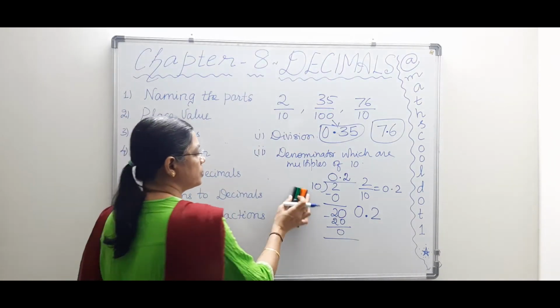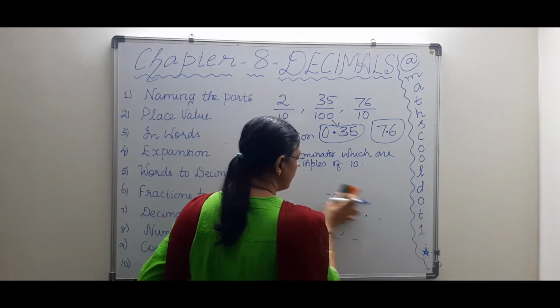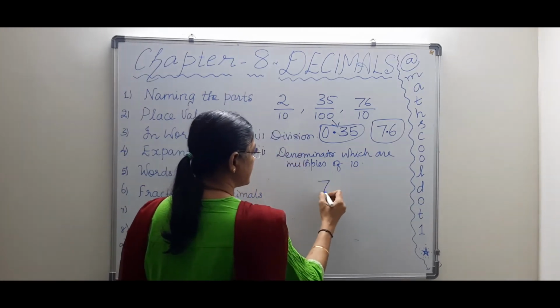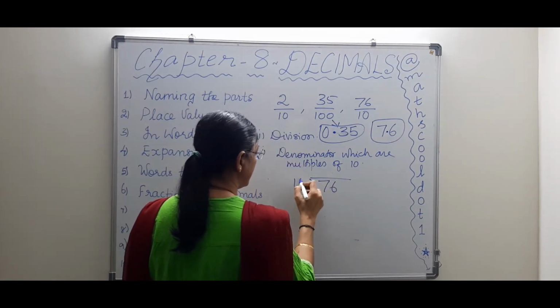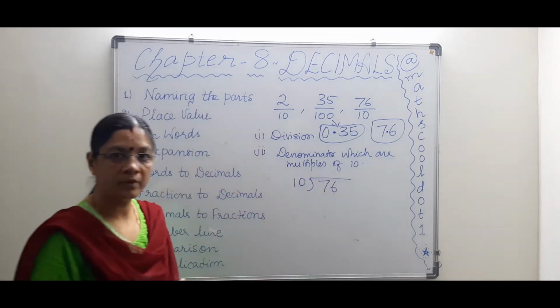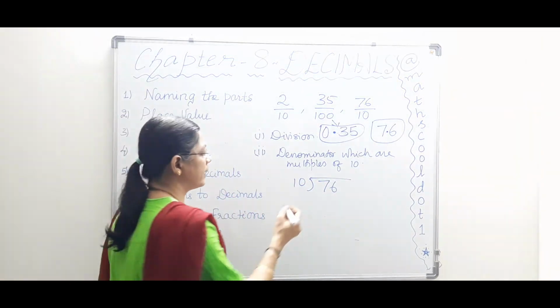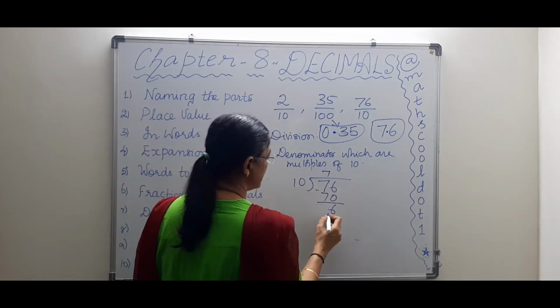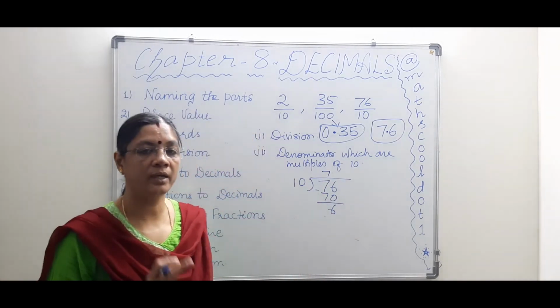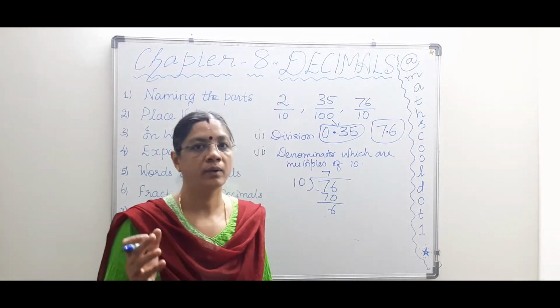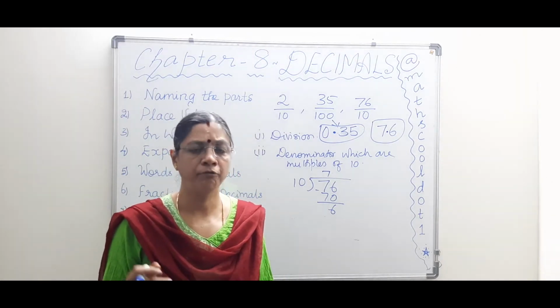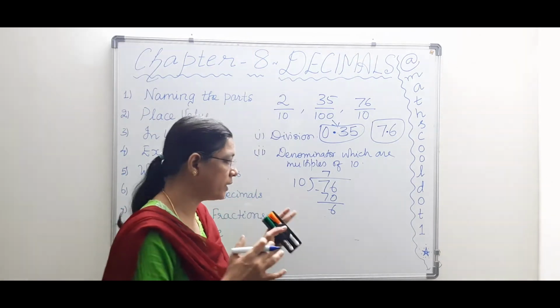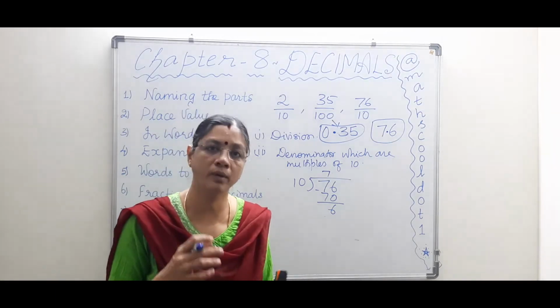Okay, I'll show you. Even if you divide, you will get the same answer. See, 76 divided by 10. Now this 76 is obviously greater than 10, so you can divide 7 times. But see that the remainder, until you get 0 as a remainder, you keep on dividing.